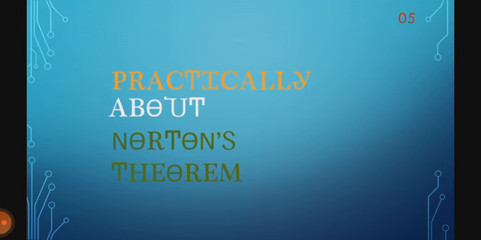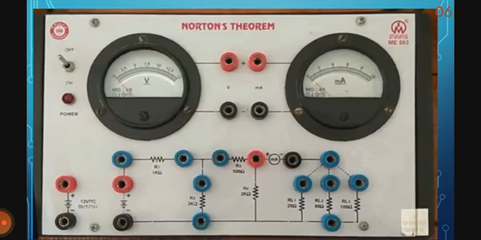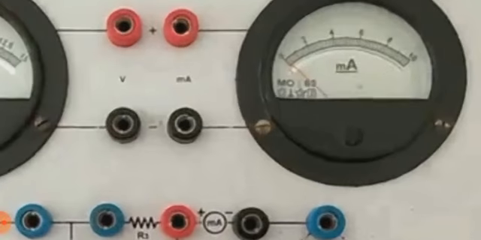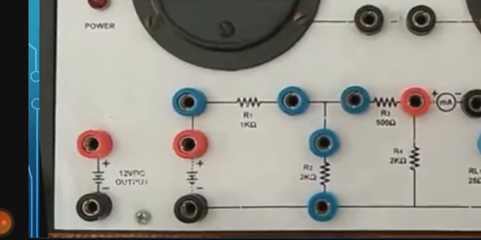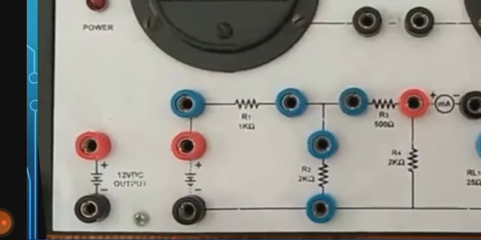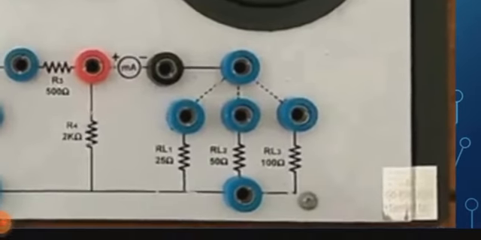Now we will see practically about Norton's theorem. This is the circuit board of Norton's theorem, and this is the current meter, ammeter. This is the source current which is constant, and this is the input voltage, and these three, 25 ohm, 50 ohm, and 100 ohms, are load resistances.